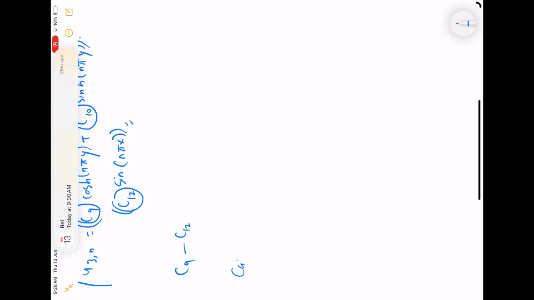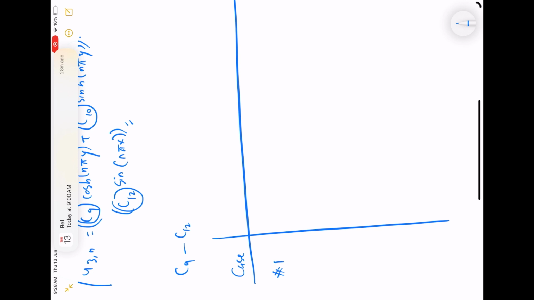For case number 1, the PDE solution with boundary condition, our u is u1, so u1 is equal to 0.